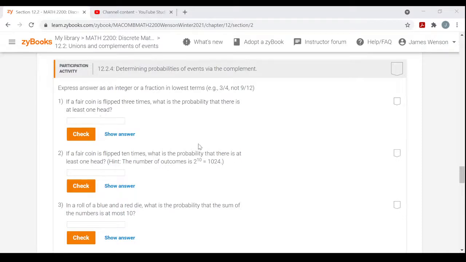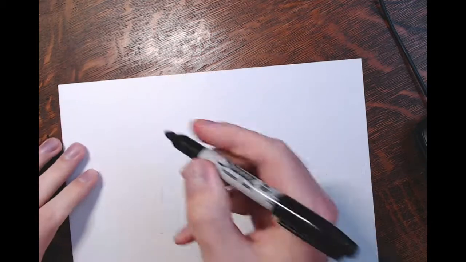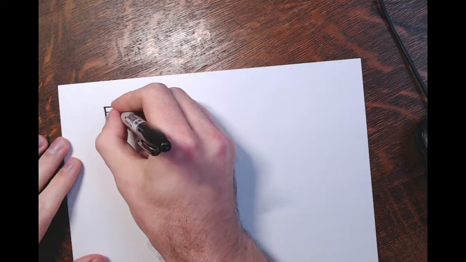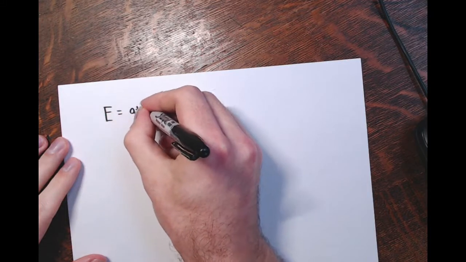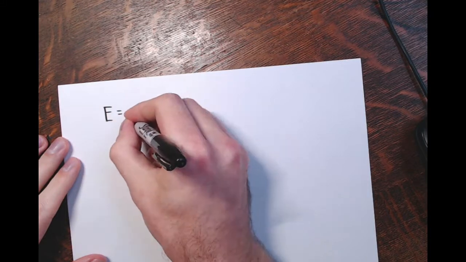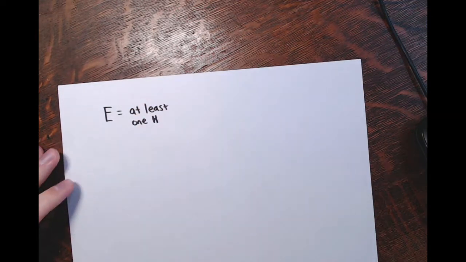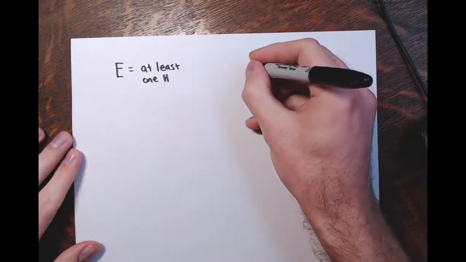All right, so I'll go to some paper here. So if this event is at least one head, flipping at least one head, let's say 1H. What's the opposite of that?